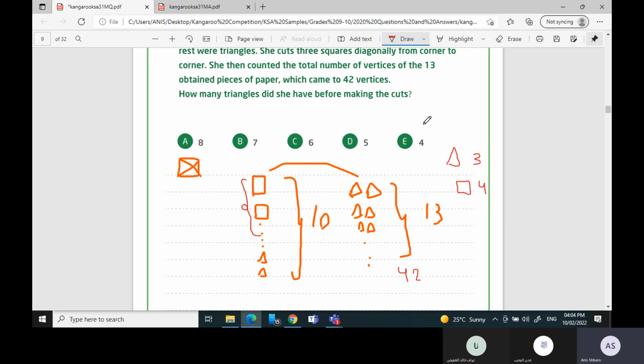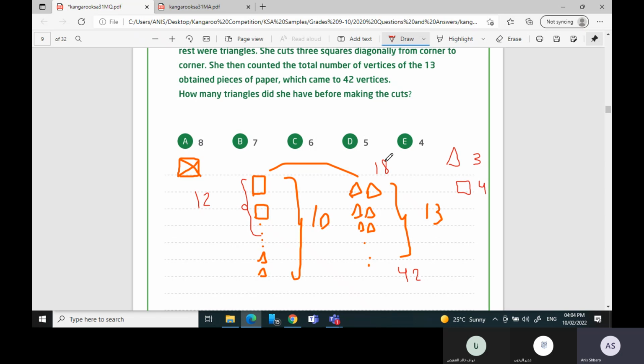So, I know that I had 3 squares. So I'm talking about 3 times 4 vertices. I had 12 vertices. It turned into 3 times 3 plus 3, equals 6, and 6 times 3 equals 18.